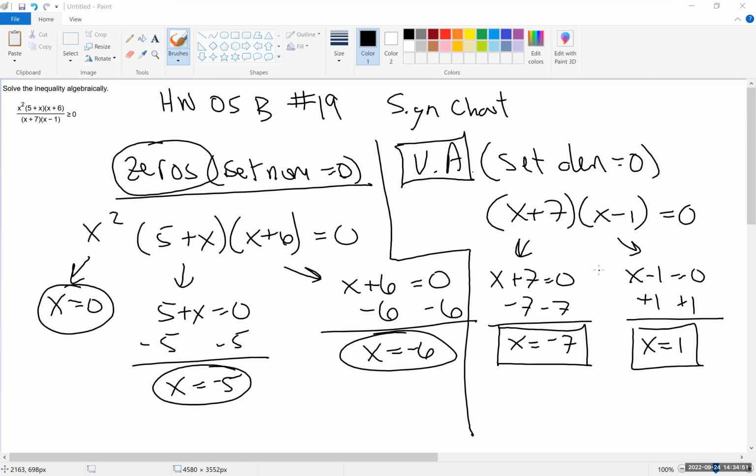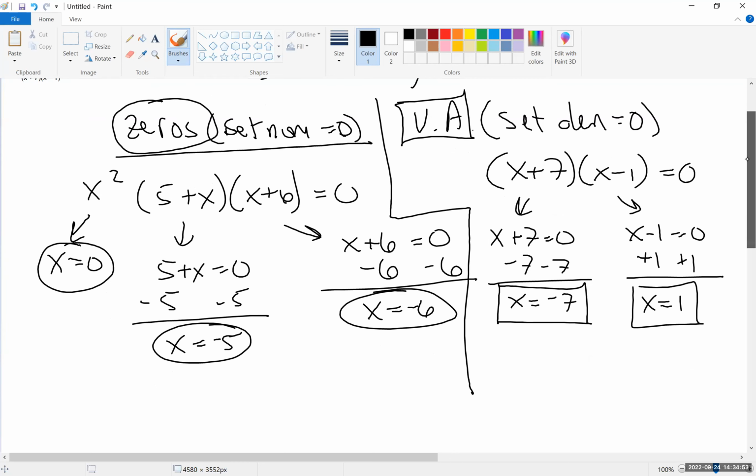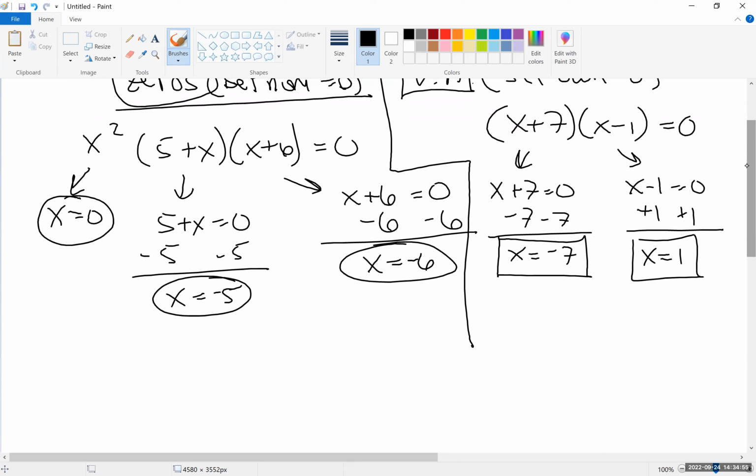All right, so when we're setting up our sign chart, you always start at negative infinity, and then you go in order from least to greatest. So negative 7 is a vertical asymptote. I'm going to box it on the number line to remember it's a vertical asymptote. Then we go to negative 6.